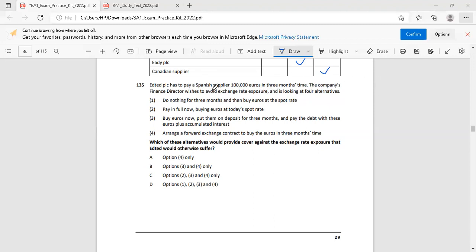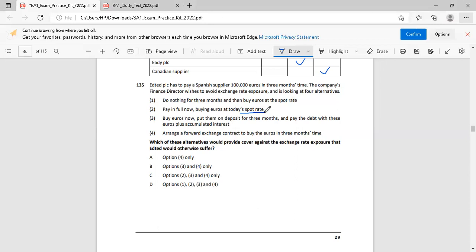The company can pay in full, buying euros today at today's spot rate. Can we go with this one? Pay in full, buying euros at today's spot rate. We'll see the other ones.